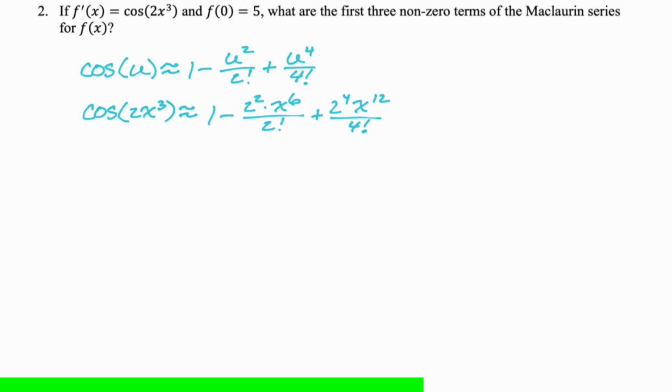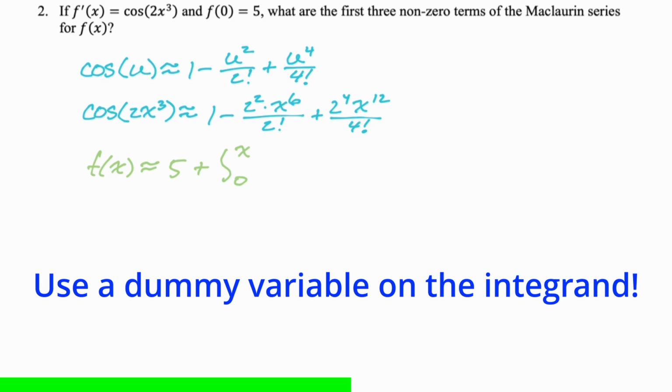All right, let's write f of x as an accumulation function. So f of x is approximately what we're starting with, which is 5, plus the integral from 0 to x of this cosine of 2t cubed. I'm going to take every x and replace it with t in my cosine of 2x cubed.